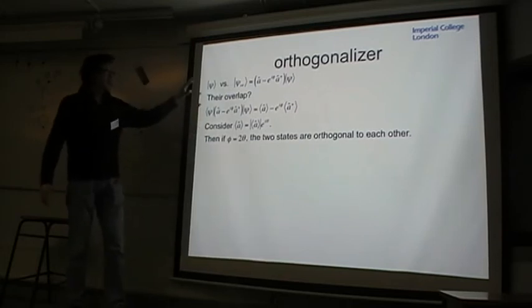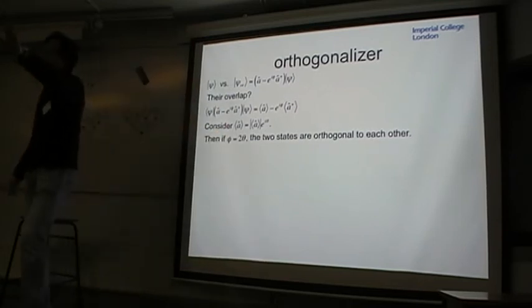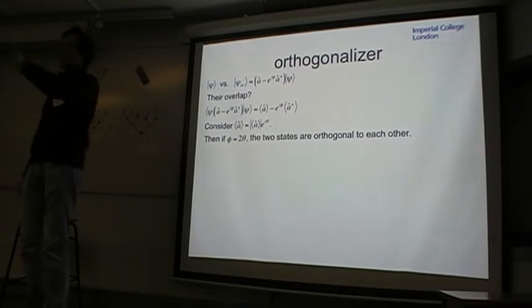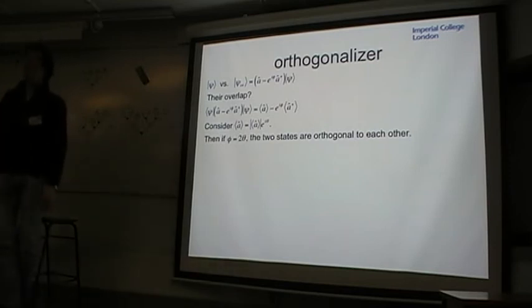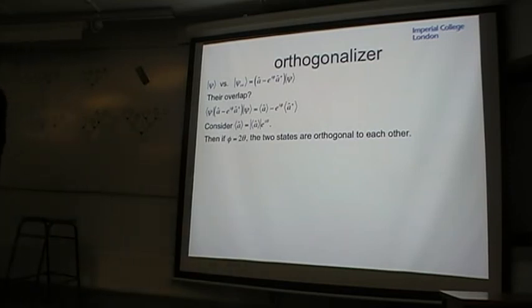Whatever continuous variable state you give to me, I'll give you back the orthogonal state, and I can also give you back any superposition of the initial state you give to me and its orthogonal state. So if you want to use a continuous variable as a qubit state, you can also do that.